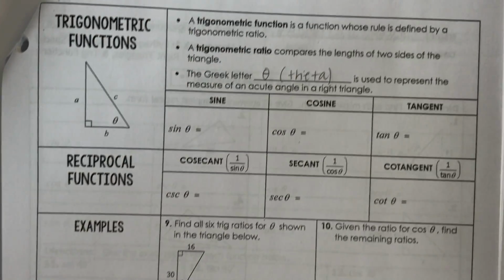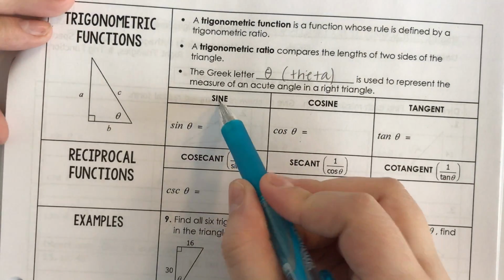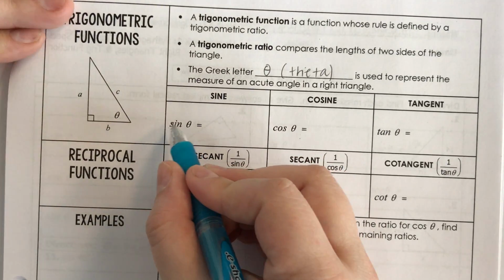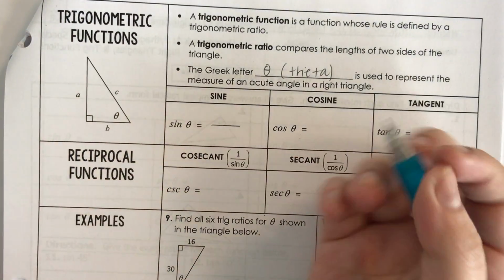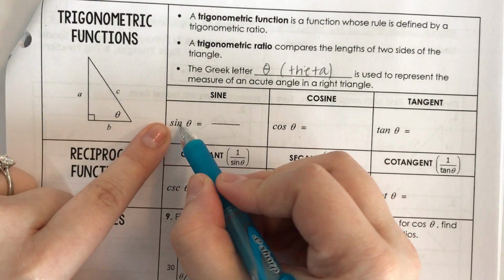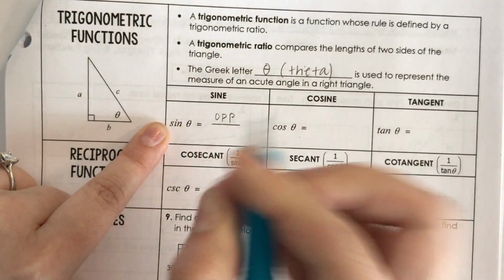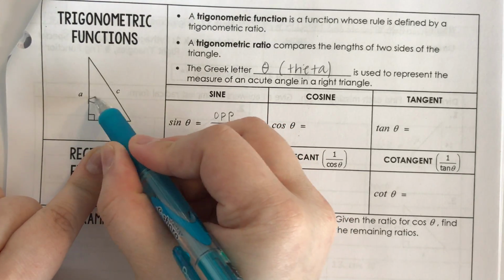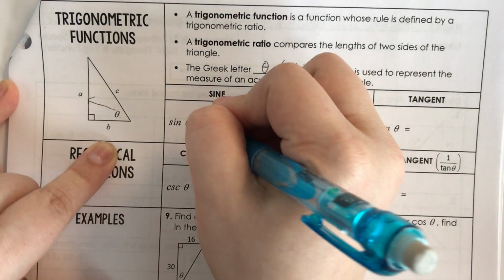Anyway, here we go. Let's talk about sine, cosine, tangent. Sine, abbreviated S-I-N. We still say sine, we don't say sin. Sine of theta. It's a ratio. It's a fraction. This is the opposite side. So you're going to ask, what's opposite of theta? A, over the hypotenuse.